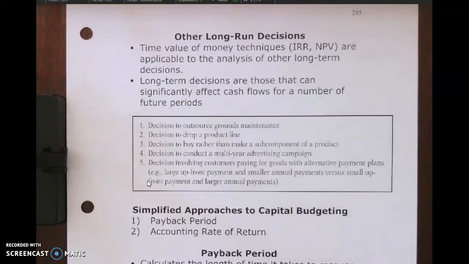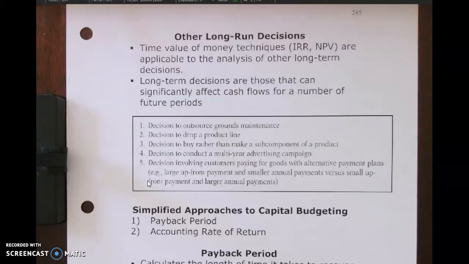Also, if we think about Mary Washington, the decision to invest in a new software package that improves registration, for example, would be another example of a long-run decision in which Mary Washington should use net present value and/or internal rate of return techniques.